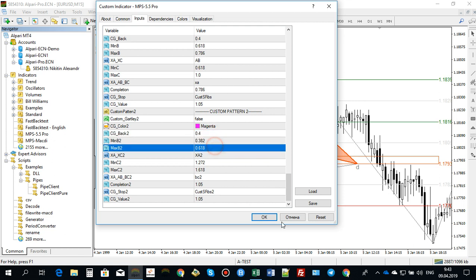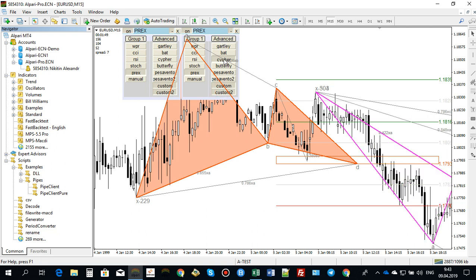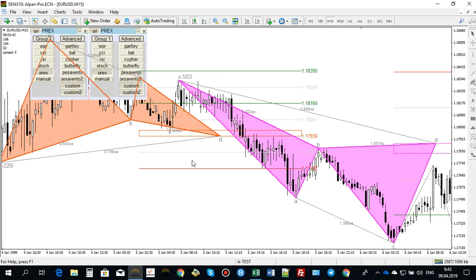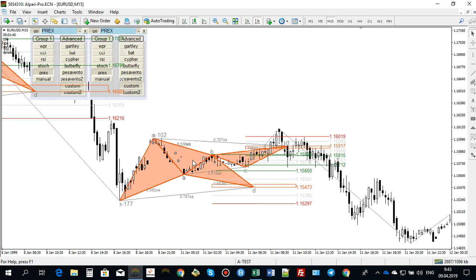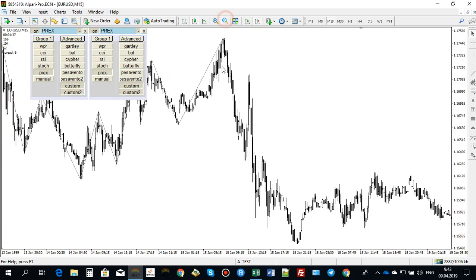and you do the same with your second pattern. So what you will have is an additional group, additional pattern group. So you see the first 2 patterns, yes, and you have the number 4 patterns. So you have 1, 2, 3, 4 custom patterns, and if you scroll it, you will have them all.